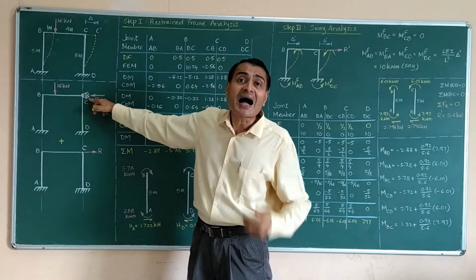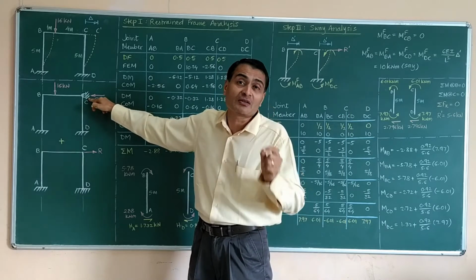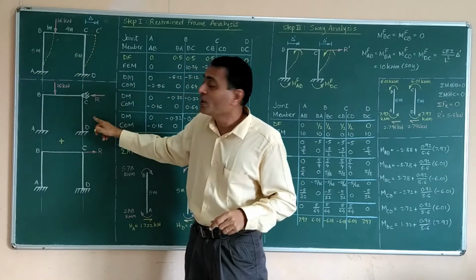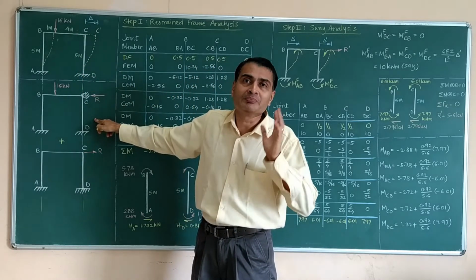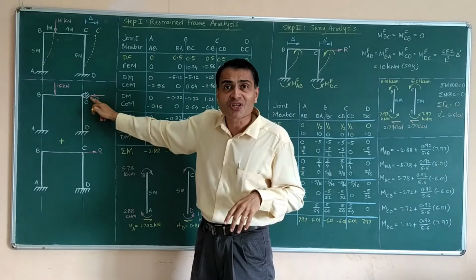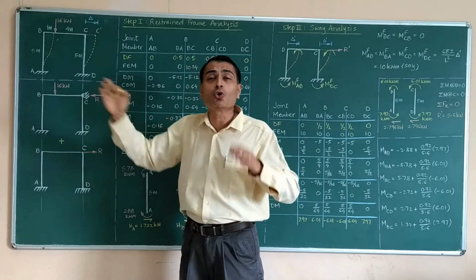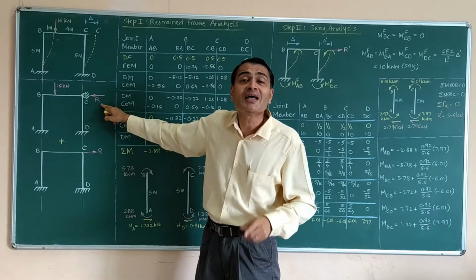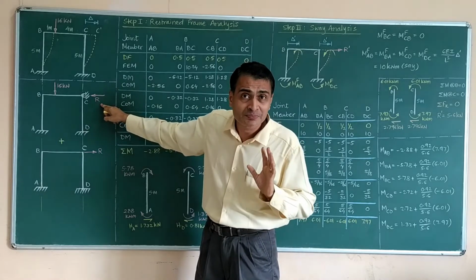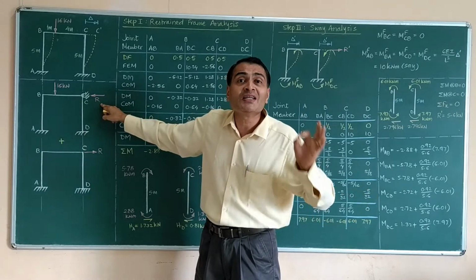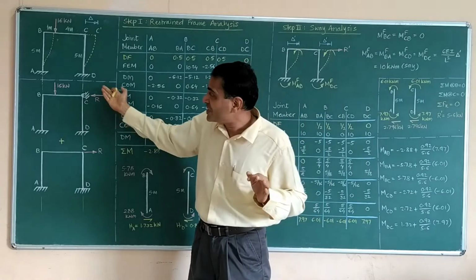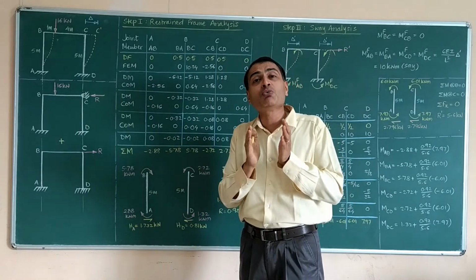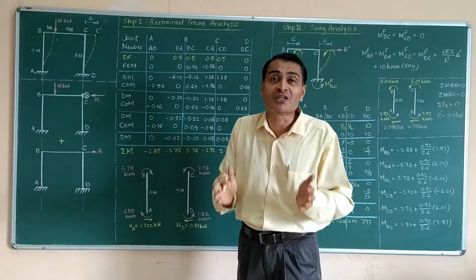I am imagining one restraint, one support at point C, and I am converting this frame into a non-sway frame. What is the purpose of this restraint? Because of this unsymmetric loading, if at all there is a tendency of swaying, an opposing reaction R will be generated, and it will not allow any sway in the frame. This has become a non-sway frame, so I will analyze it as a non-sway frame. That will be one part of my total analysis.